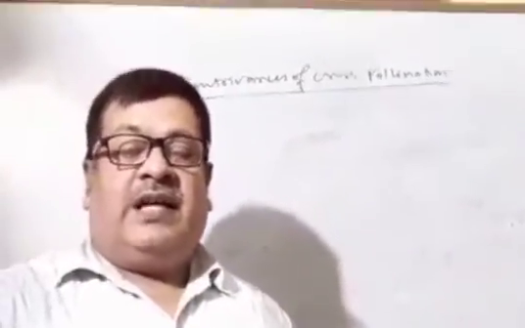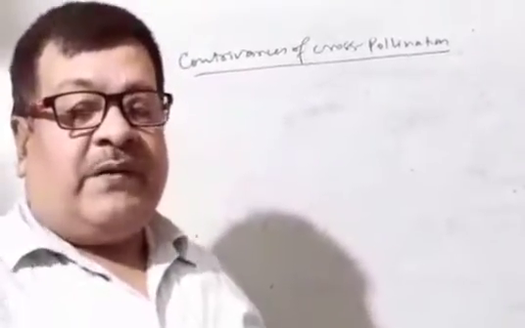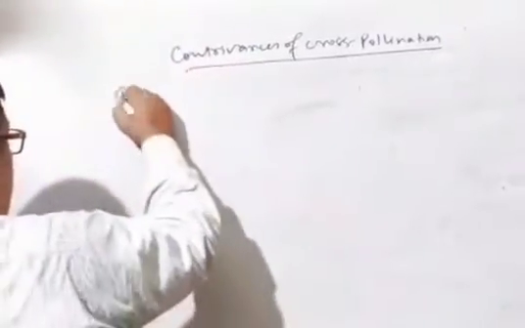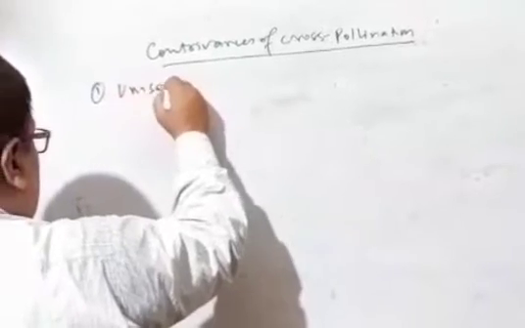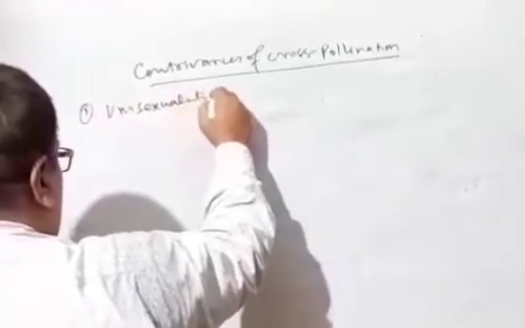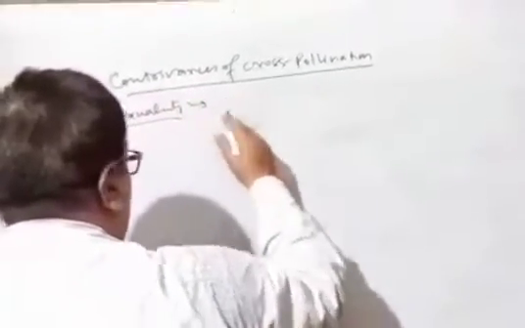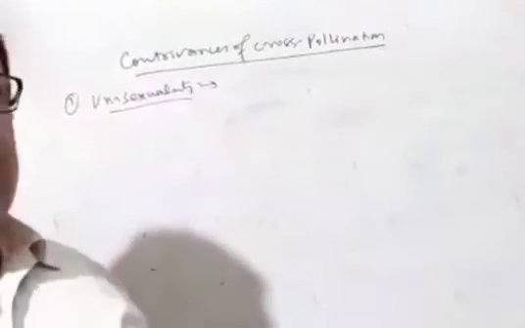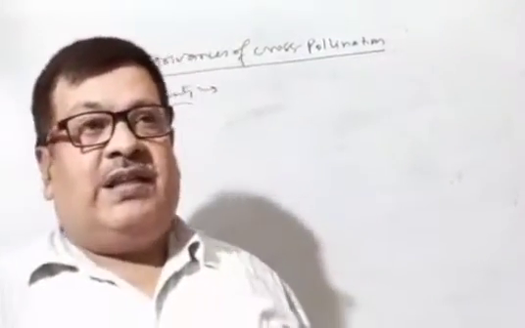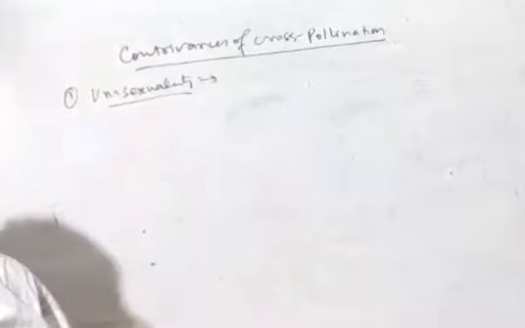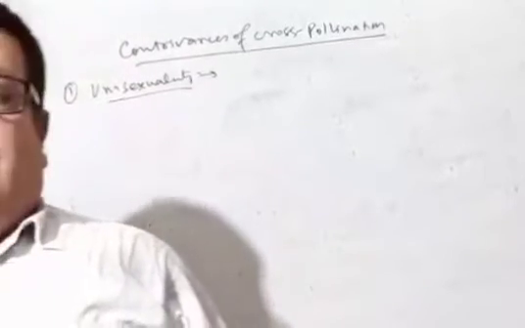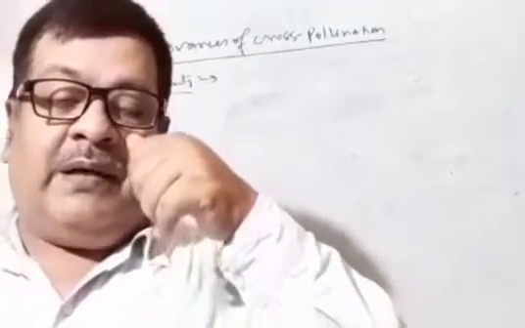There are some terms here. First is unisexuality. If a flower is either male or female, there is no chance of self pollination. Biotic agency is required for transfer of gametes there.